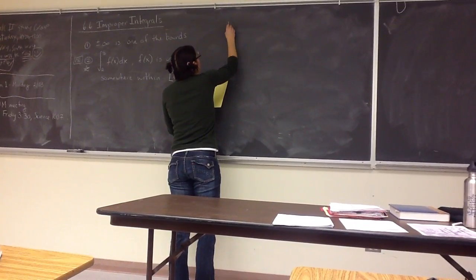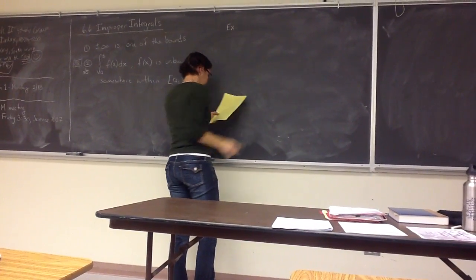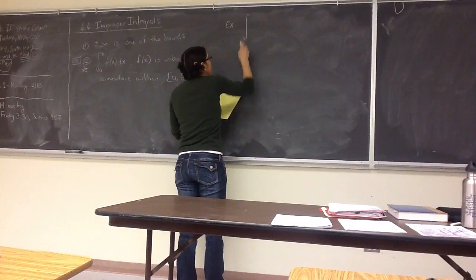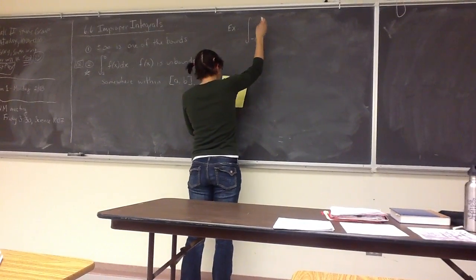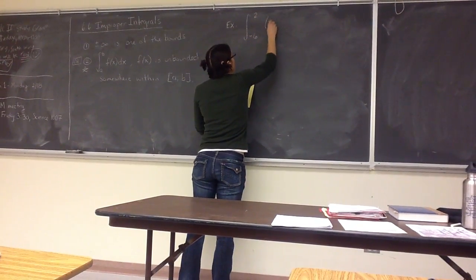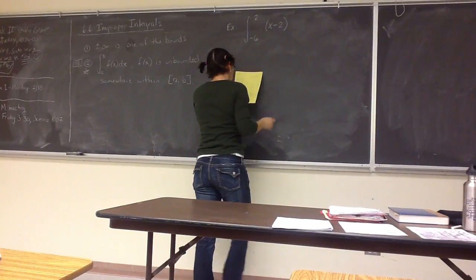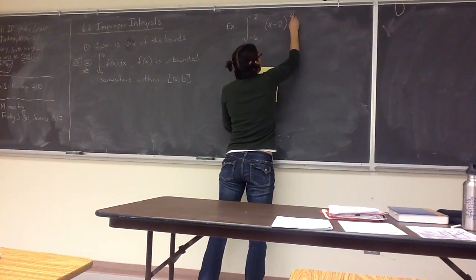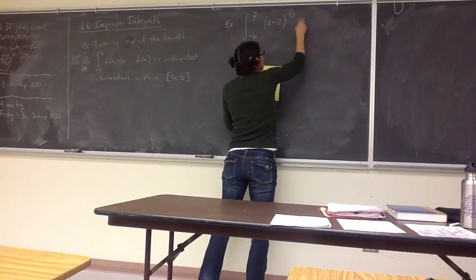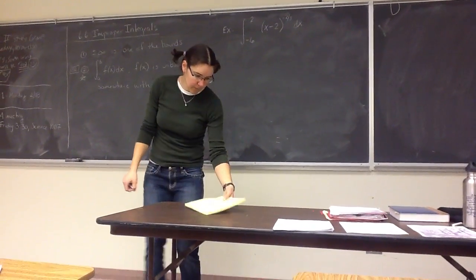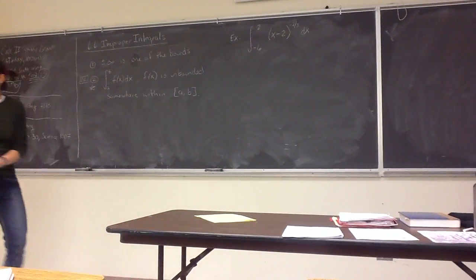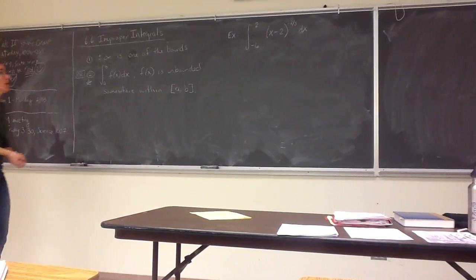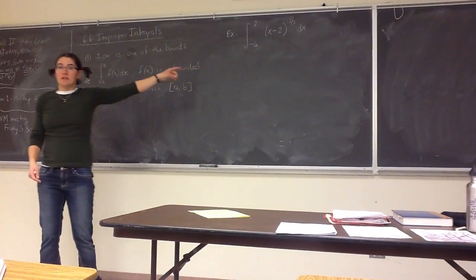Okay, so here's our first example. Let's take a look at the integral from negative 6 up to 2 of x minus 2 raised to the negative 2/3 dx. Okay, so you're walking down the street, this integral jumps out at you.